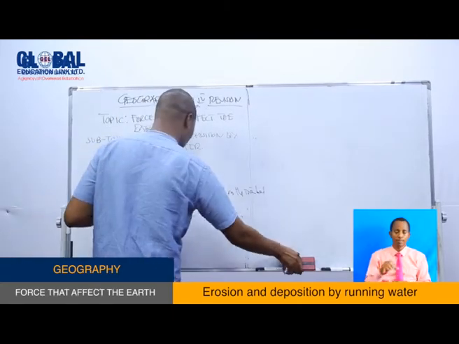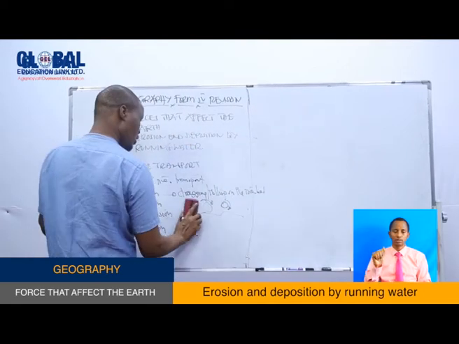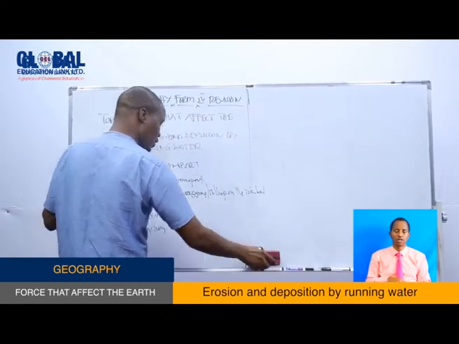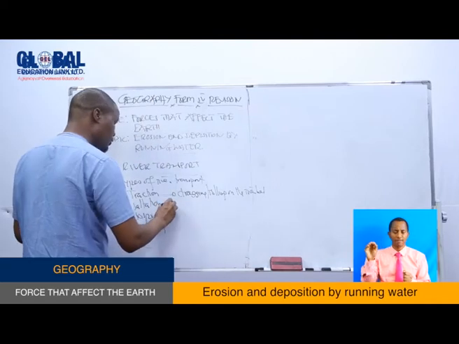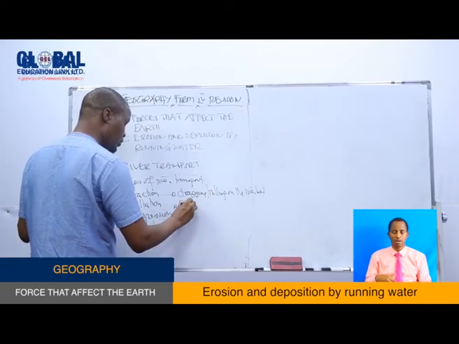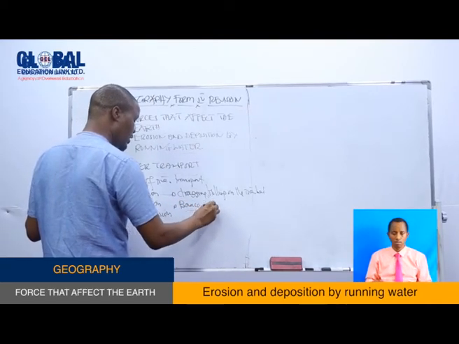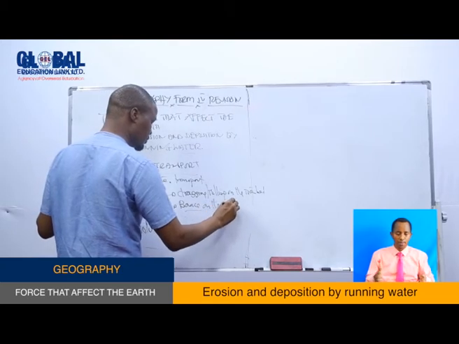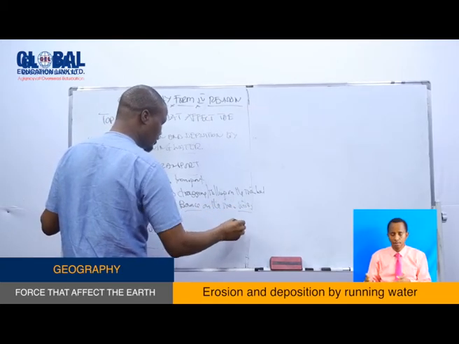Saltation refers to the process of river transport whereby the materials are transported while bouncing on the riversides, either at the river banks or the river beds.